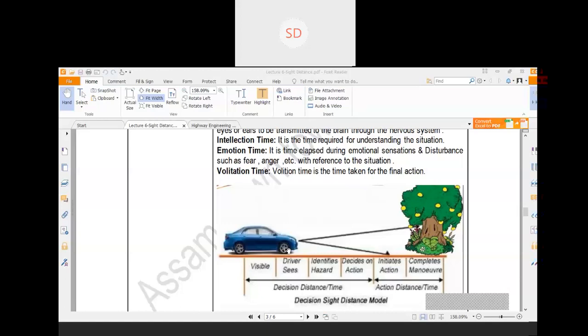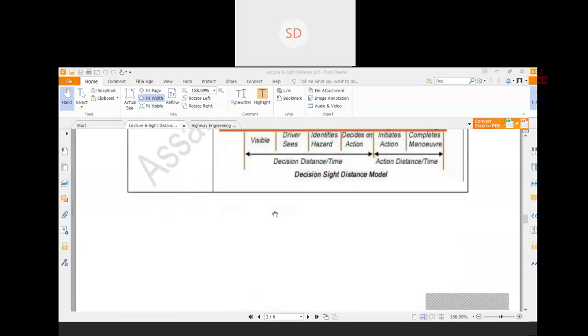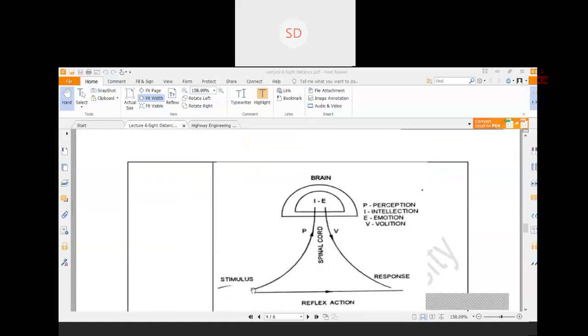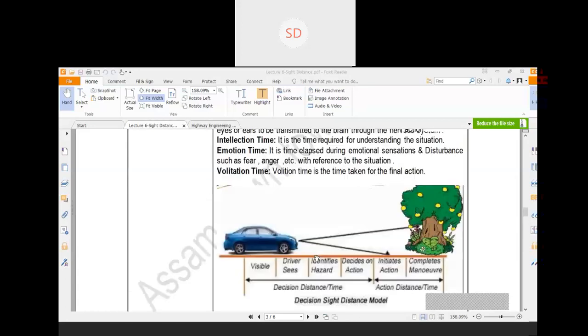It will decide what to do or what not to do, what the object is, what the size of the object is, what the possible distance of the object may be, so different calculations will be carried out in your brain. That time is called intellection time. So after the signal reaches your brain, the brain will analyze the situation, and that time is called intellection time.